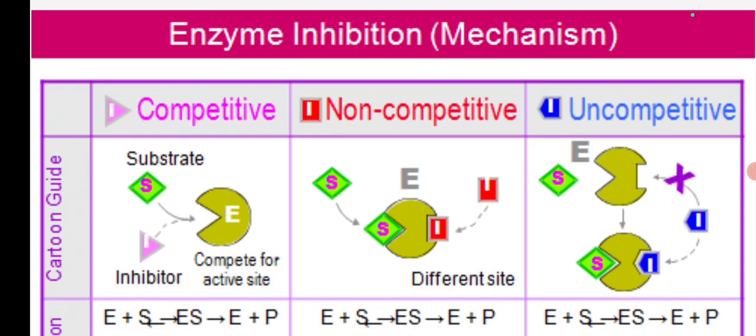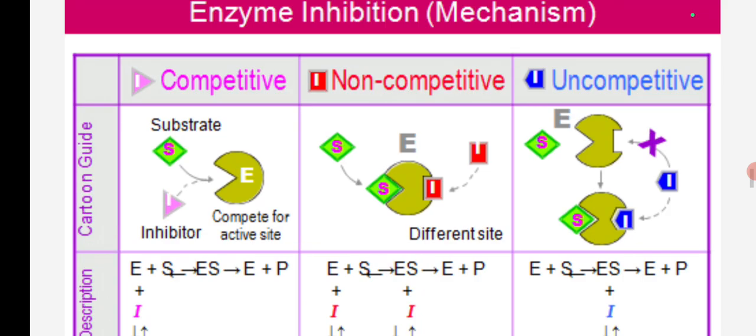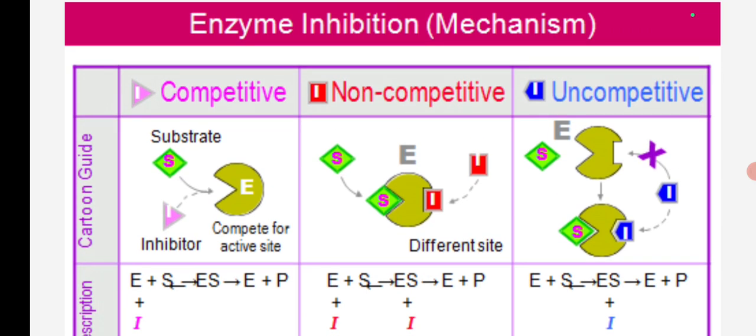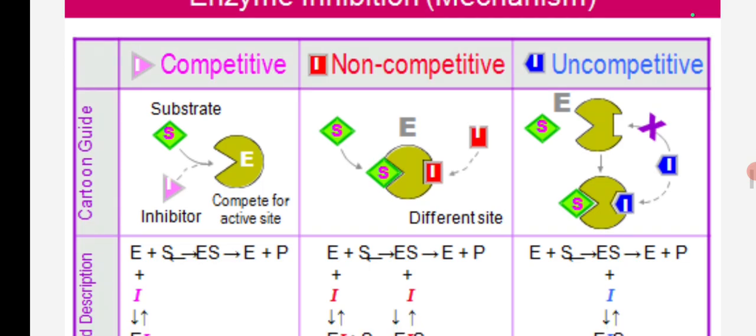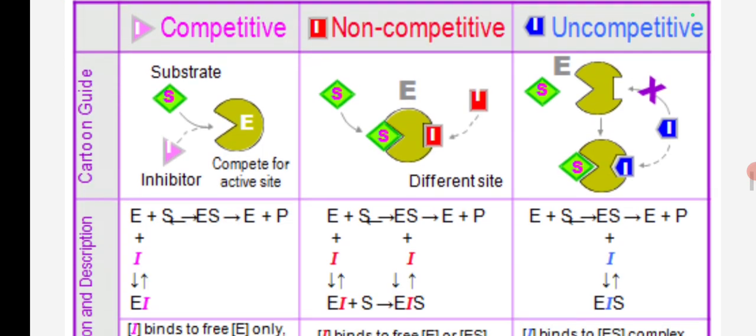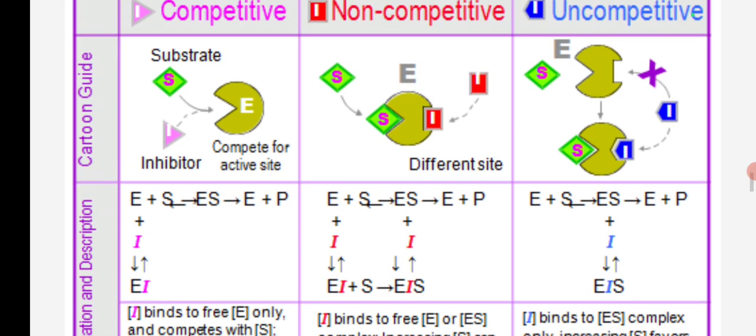Comparison of these three reversible inhibitors. First is competitive, second is non-competitive, third is uncompetitive. In the diagrammatic representation, substrate and inhibitor compete with each other.